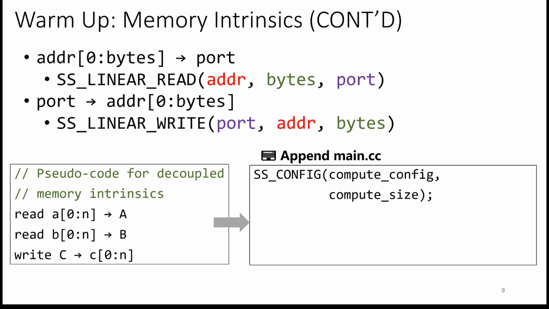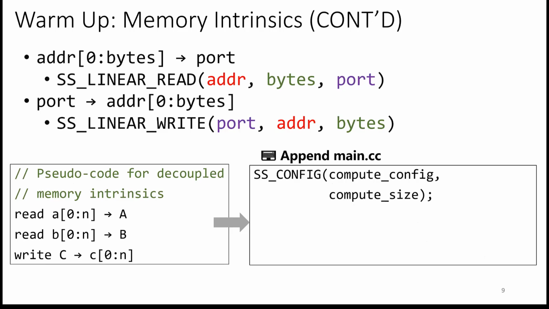We provide the hardware intrinsic for this purpose, SS_linear read. Starting with the given pointer, several bytes are forwarded to the given port, or we get several bytes of data from the port and write them to the given address.